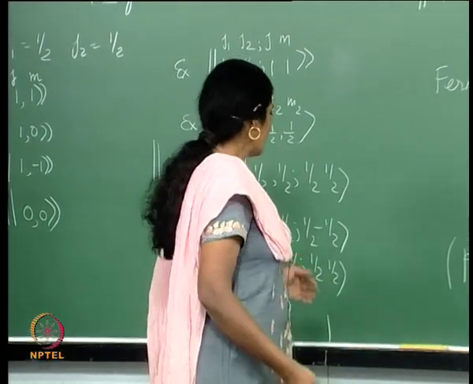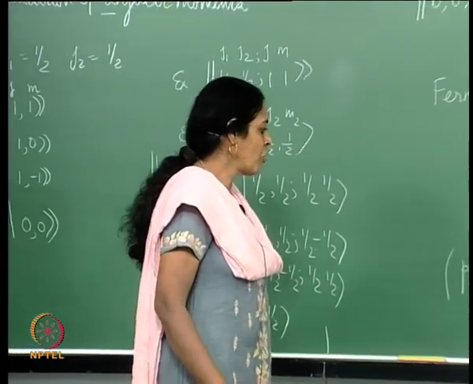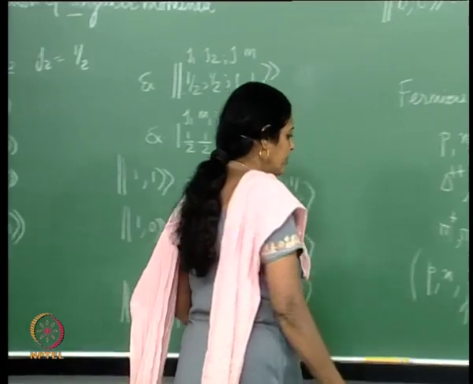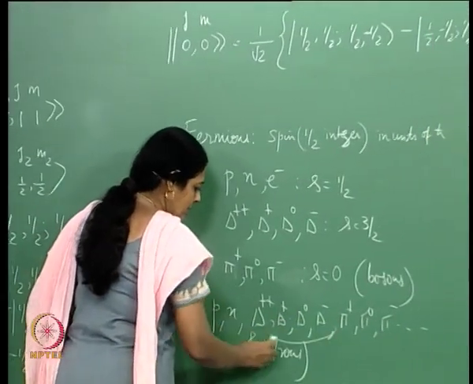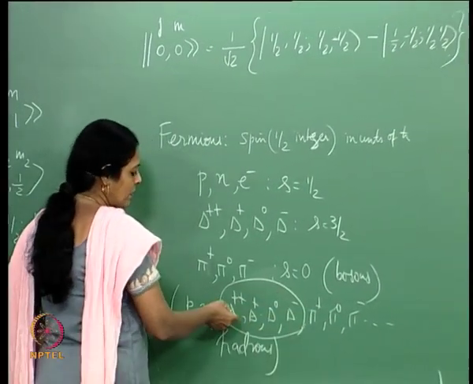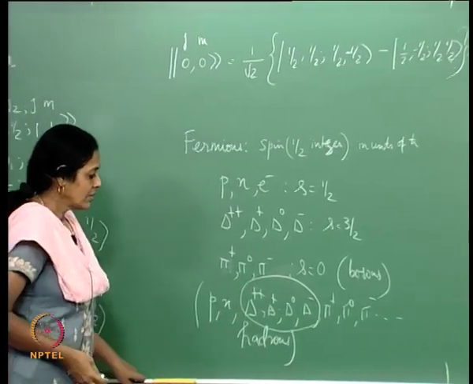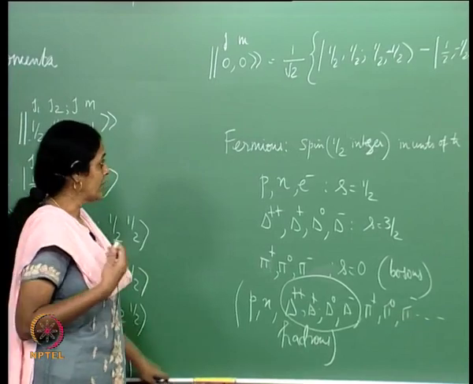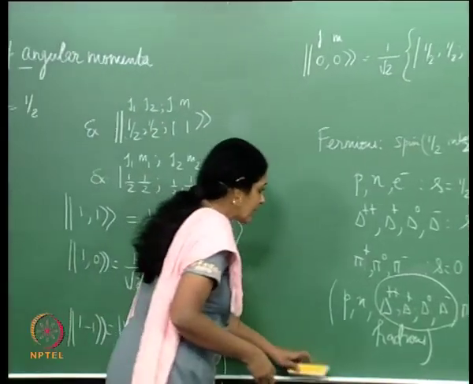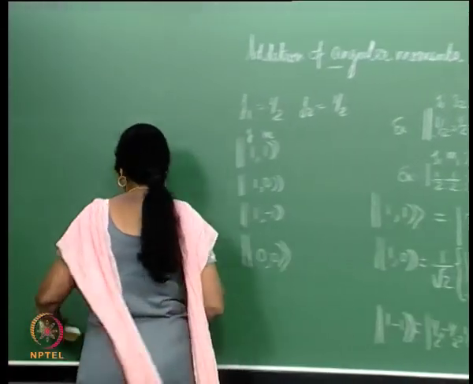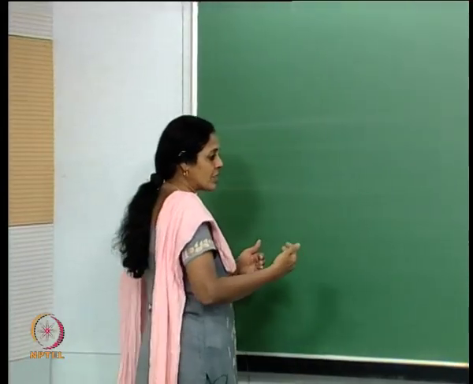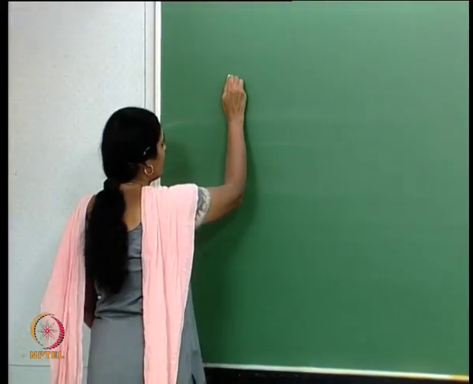It turns out that all hadrons form isomultiplets. These objects, delta plus plus, delta plus, delta 0, delta minus, happen to be an isoquartet. In other words, they are 4 states, a set of 4 objects that transform as an isomultiplet.